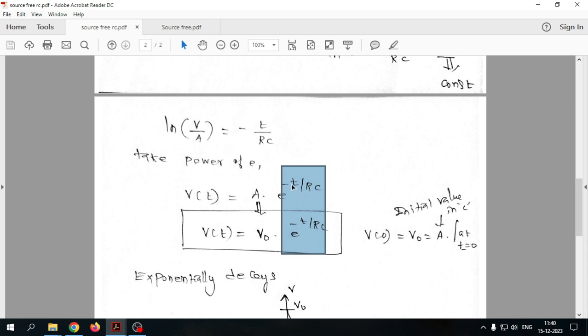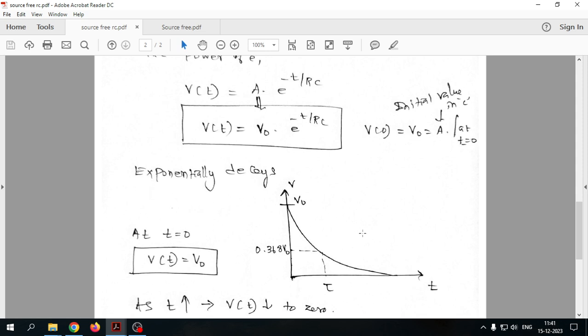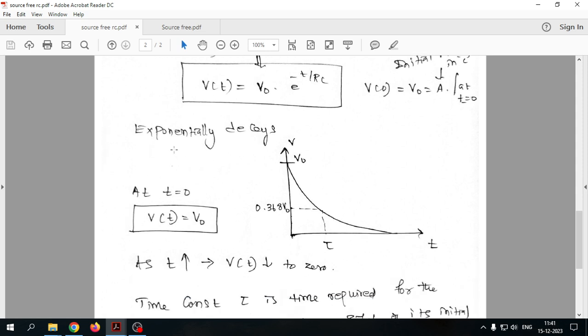Why do I say it is discharging? Because it is e power minus t. Just check on your calculator: e power minus 1 gives some value, and e power minus 2 is less than e power minus 1, so the value keeps on reducing. It decays exponentially.